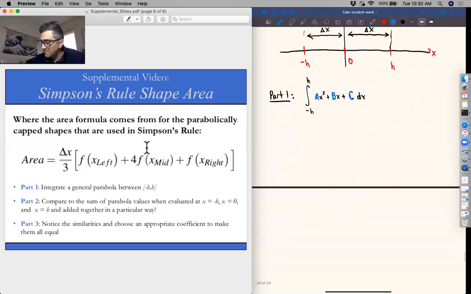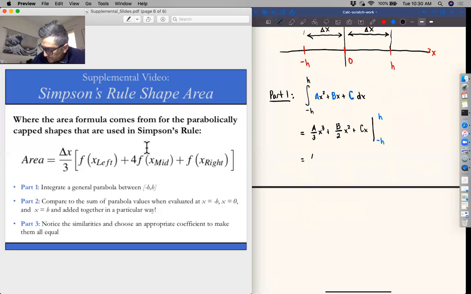So now we have a definite integral to compute, and this is a nice parabola. We can compute its definite integral. So integrating, what we'll get is a over 3 x cubed plus b over 2 x squared plus c times x. And again, we're going to evaluate this at minus h and h. So the next step, once we have that antiderivative, plug in the bounds, upper minus lower.